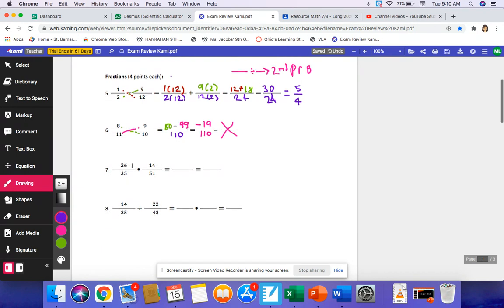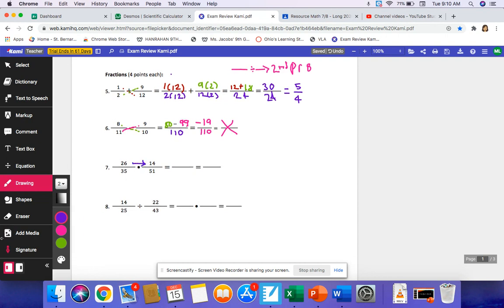Now we go on to multiplication. Remember multiplication. You're multiplying across the top. 26 times 14. Obviously, you would need a calculator for this. Go ahead and calculate it. You would get 364. And you do the same thing with the bottom. 35 times 51 is 1,785.